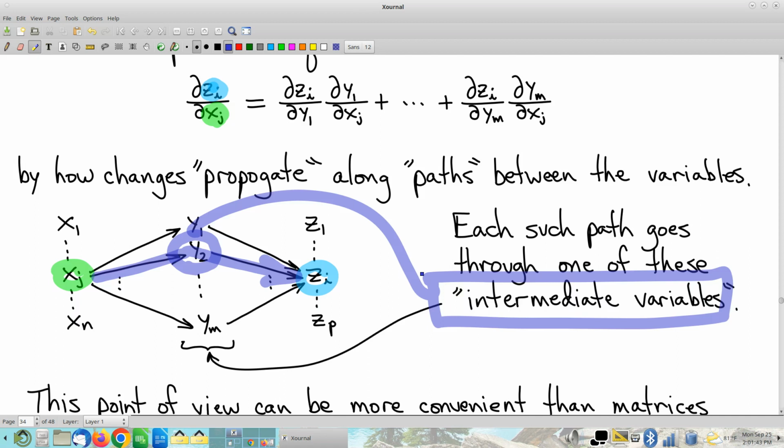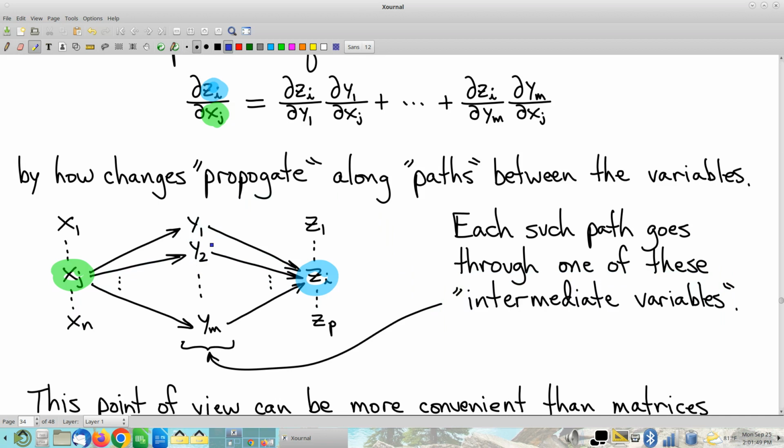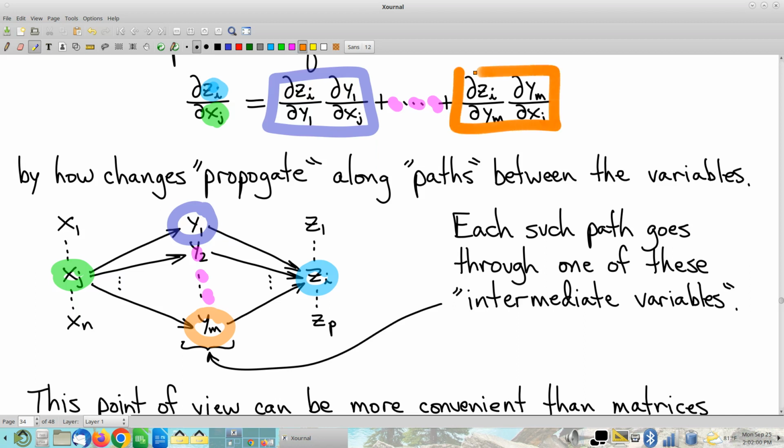So instead of thinking in terms of paths contributing terms, you can think of each intermediate variable contributing a term. And notice they line up pretty conveniently. The y1 variable contributes the y1 term that has the y1s in it that you're going to have that temptation to want to cancel, even though of course you can't. How's that strike you? Is everybody okay with that? It's a very convenient point of view.